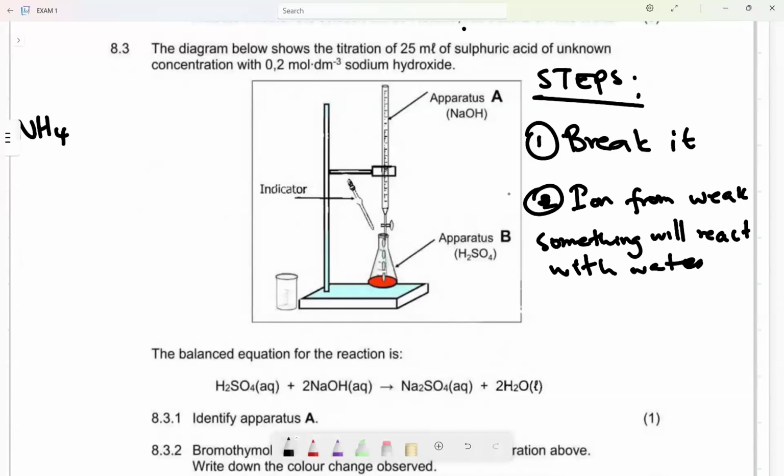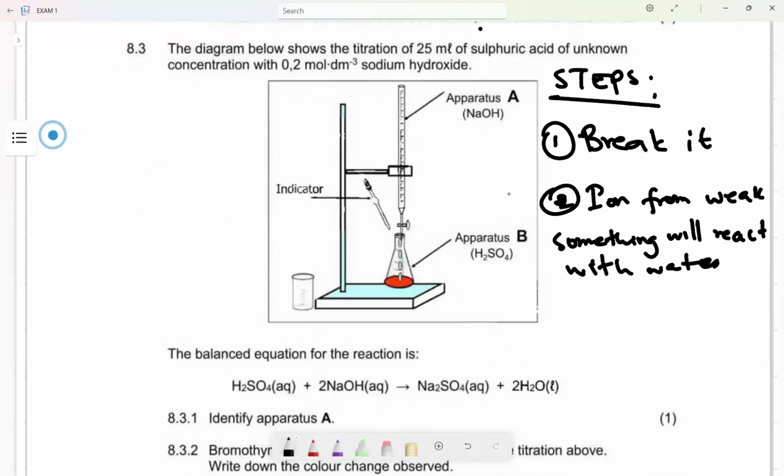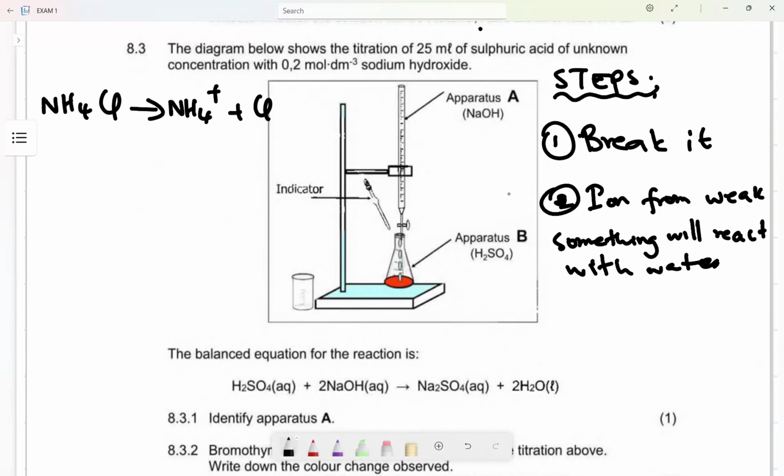So the first thing, I repeat, you need to break it. Break NH4Cl into NH4 plus and Cl minus. Step number one complete. Step number two, the ion from the weak something will react with water.